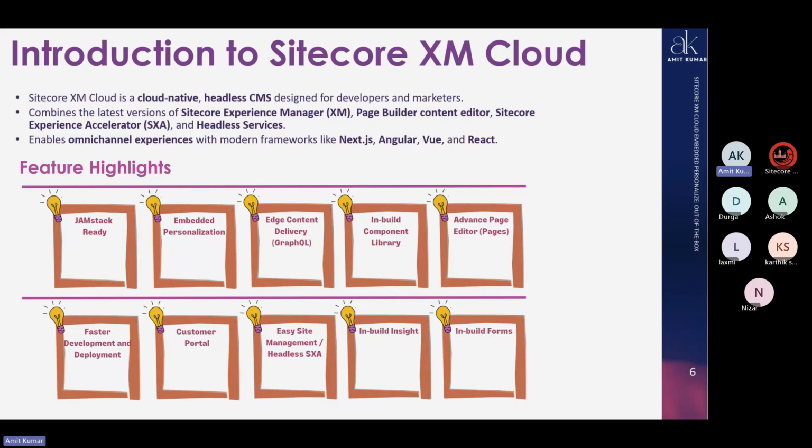Faster deployment, I said that you will be getting a basic accelerator you can utilize to start your application. Deployment is faster because if you are using GitHub, then Vercel is the preferred hosting provider for XM Cloud. There is a Vercel plus GitHub connector, so you can connect your GitHub repository via the XM Cloud Deploy app, and you can directly deploy your application from XM Cloud.